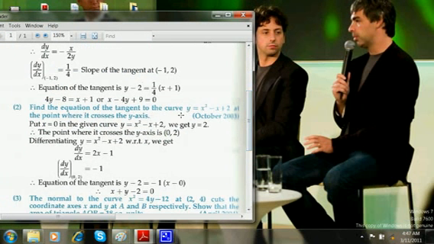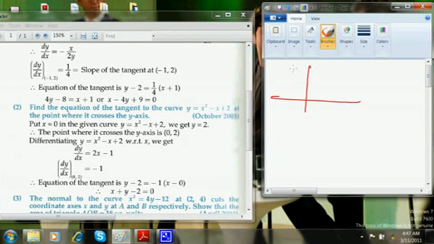Find the equation of the tangent to the curve y is this at the point where it crosses the y-axis. Now when a line is crossing the y-axis, any coordinate on the y-axis has x as 0. You can make out that when I'm reading, I'm not reading the comma in coordinate geometry.